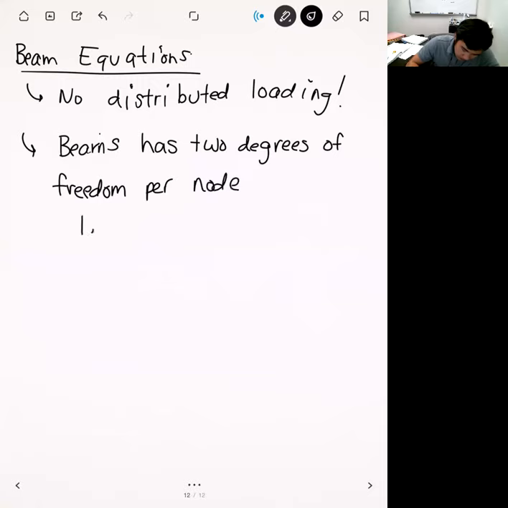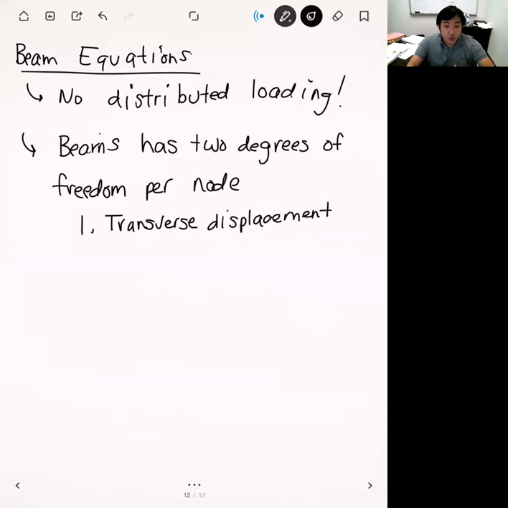Okay, and so the first degree of freedom is a transverse displacement. Okay, and so a transverse displacement, remember, is a displacement that's perpendicular to the beam.